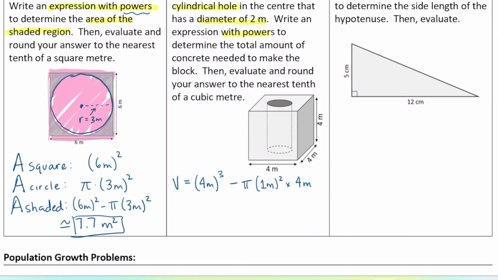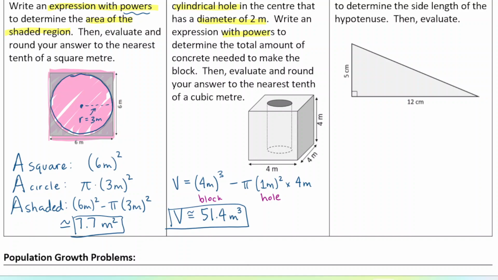Okay, so there's an expression for the block minus the hole. And if we type that into a calculator, we get approximately, I'm using a little squiggly with my equal sign because it's not exact, 51.4 meters cubed this time because it's volume. And I've multiplied 3 different meter lengths together.